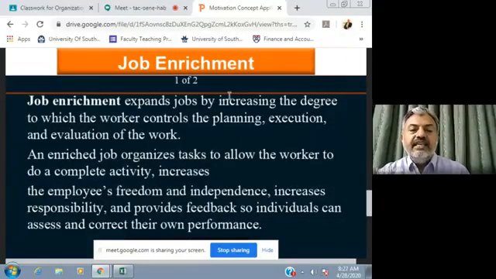This increases the employee's freedom and independence, and it increases responsibility, because the results that are generated by this person in the laboratory, they can affect the life of human beings.